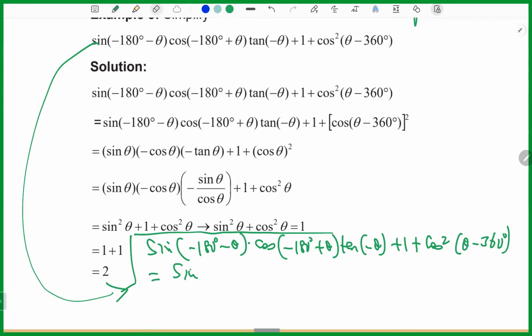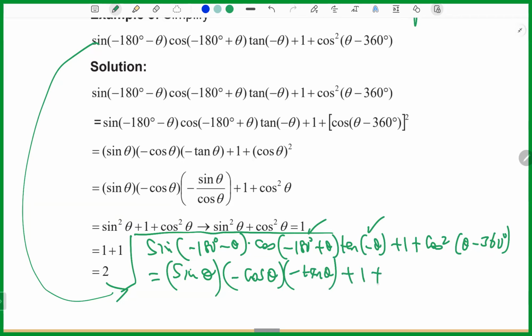We just saw the diagram there. Now here we also have another negative angle, -180 plus theta, which we said is in the third quadrant. In the third quadrant, the cosine is negative, so it's minus cosine theta. We said negative theta is in the fourth quadrant, and the tan is negative there.